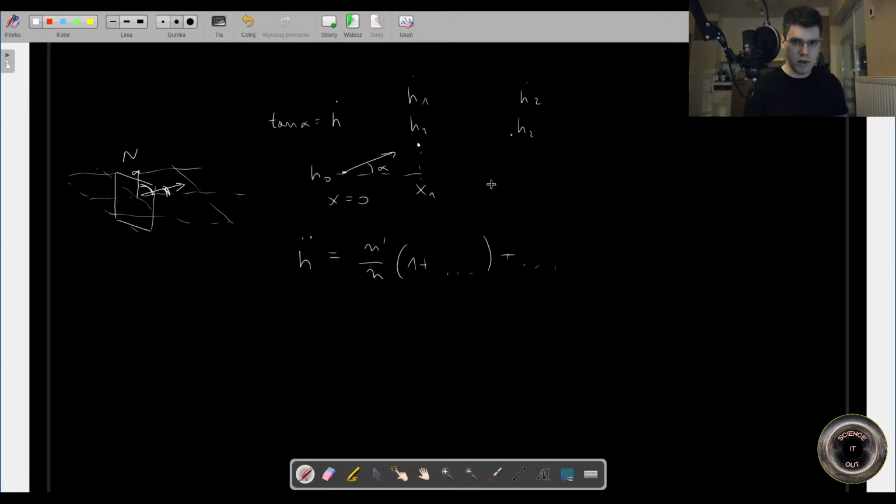And so we have some kind of a path, right? So there is x1, this is at x2, and then there is another at x3, etc. So we have just this sequence of points that represents the ray, but note that this x is just the distance along the surface from the starting point.